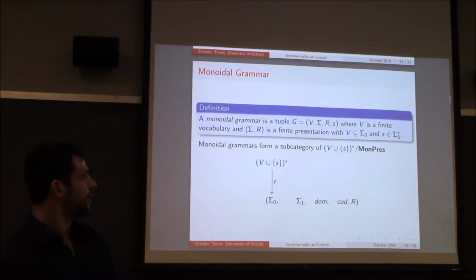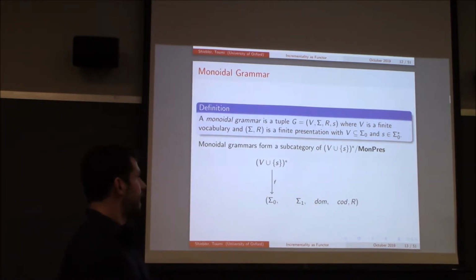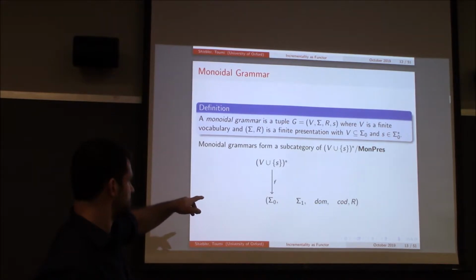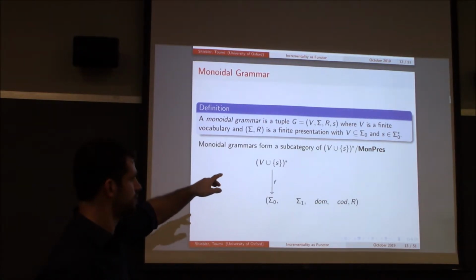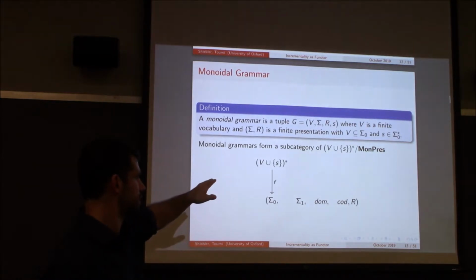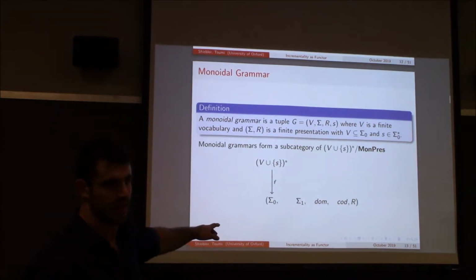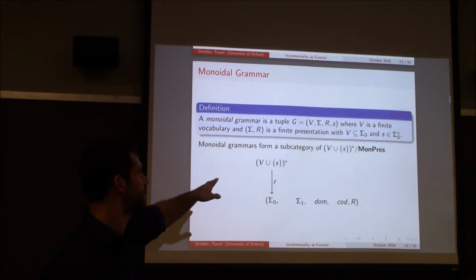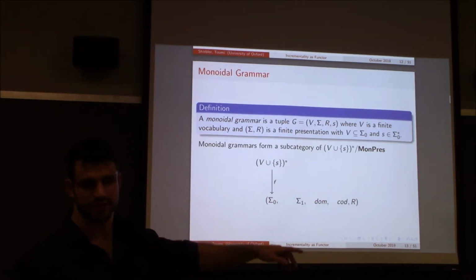So basically we have this notion of a monoidal grammar, which is very close to this slice category, where we just are defining these mappings into our objects from the union of our words and a sentence type.